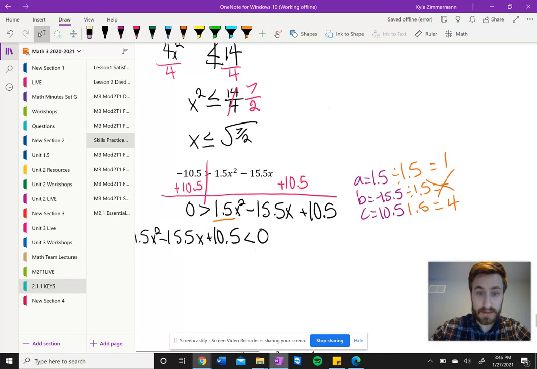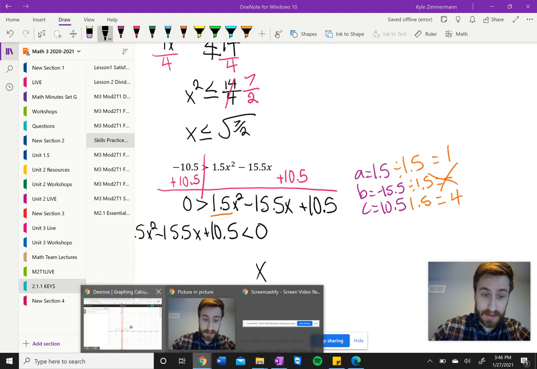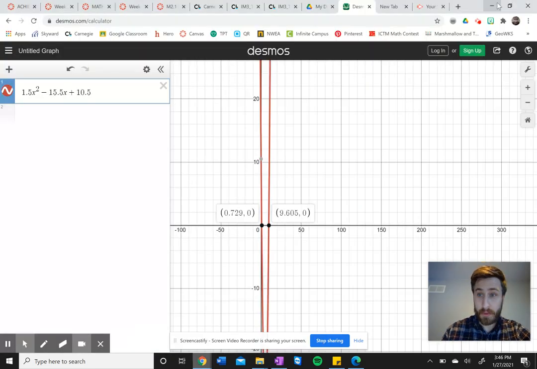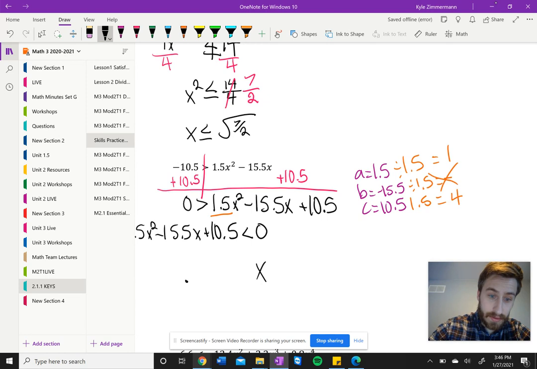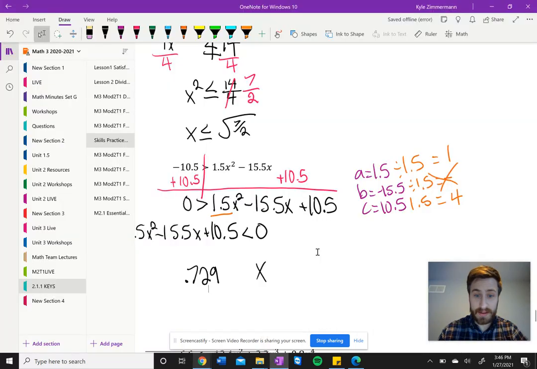So my solutions are going to be x is going to be between, let's look at it again, 0.729. The other 0 is 9.605. All right, think about it. x is between it.